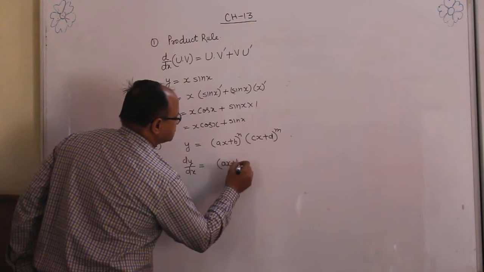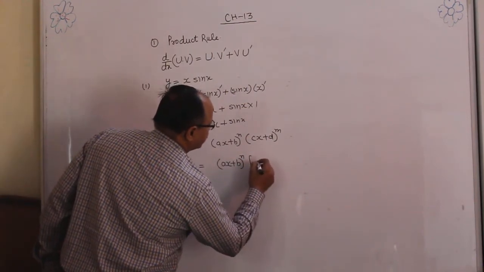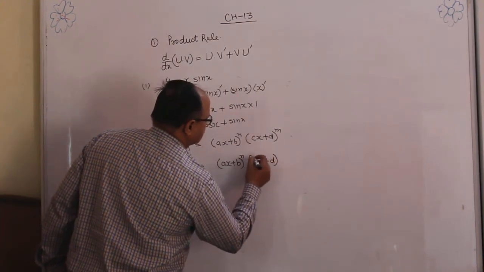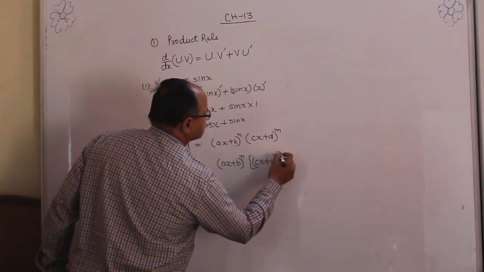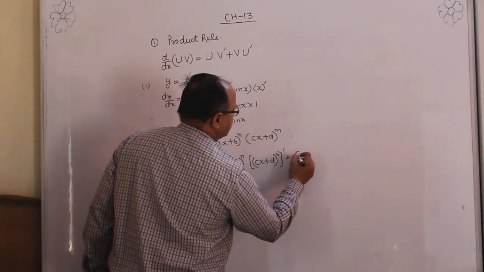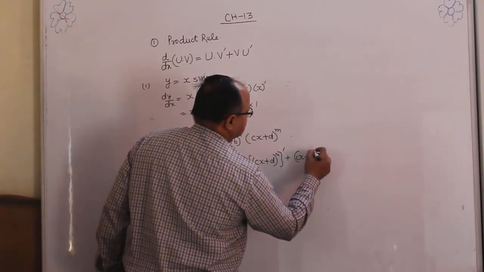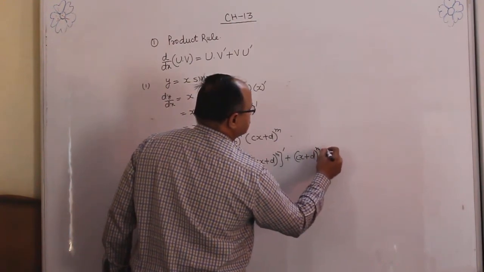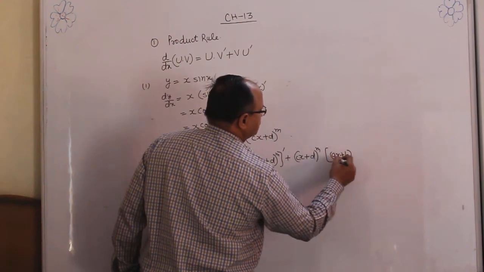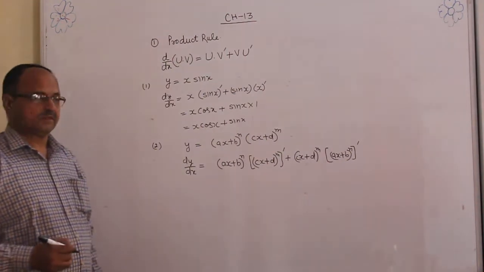First function as it is, and the derivative of (cx plus d) all to the power m, plus (cx plus d) all to the power m as it is, and the derivative of (ax plus b) whole to the power n. Correct?